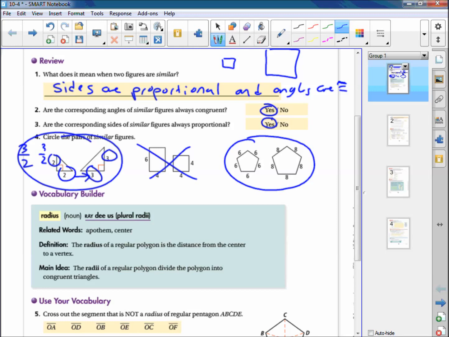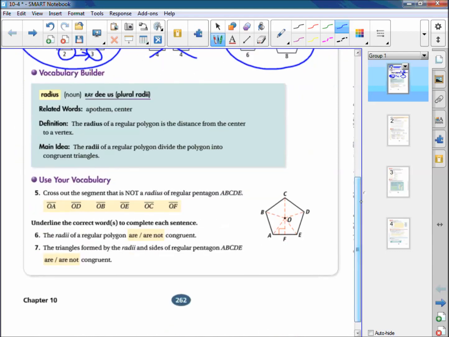Okay, all right. Vocabulary builder here. We have radius. Some related words are apothem. Remember, that's kind of like the radii. It's similar to the radius, but for a polygon, although we have radii also on a polygon. And we have center.